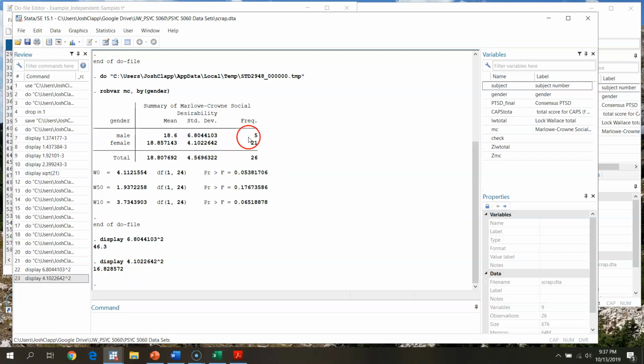The small sample size complicates interpretation of this, but I don't know that I would be confident in a claim that the variability of social desirability is not different across men and women, at least based on these data, and so I want to keep that in the back of my mind. Technically, we failed to reject, but this is borderline enough, and this difference in the two variances is enough that I might have some concerns about this. So we're going to keep that in the back of our mind.